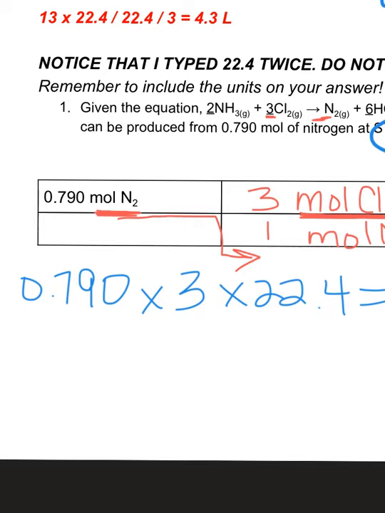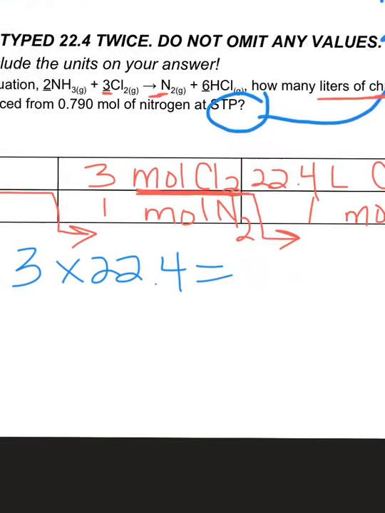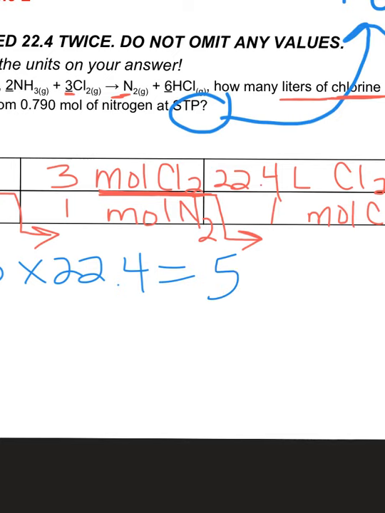So 0.790 times 3 times 22.4, I get 53. 53 what?